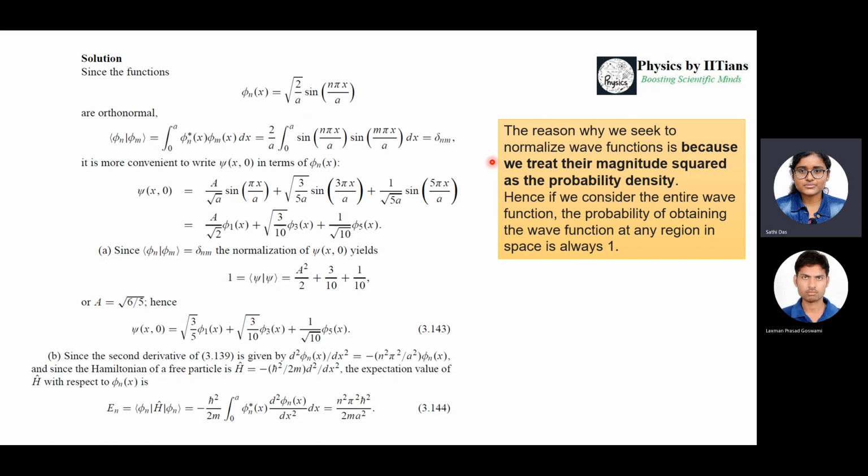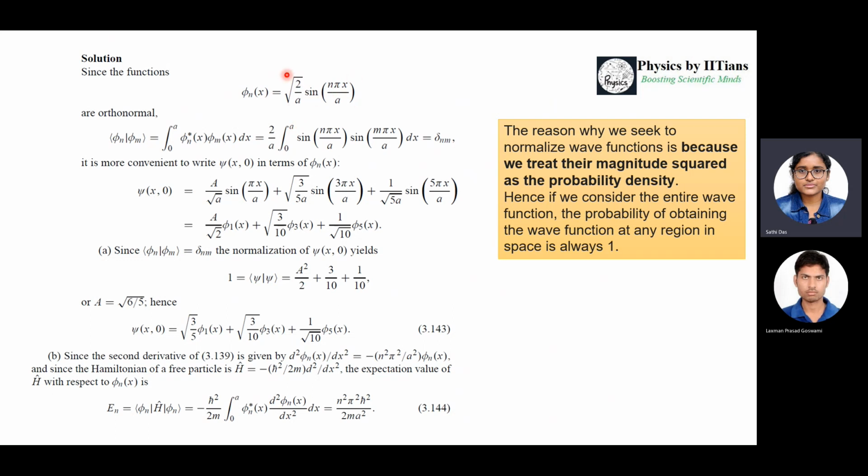Whenever you study physics, always try to understand the physics behind any problem. So you have to put the orthonormalization condition: you take two wave functions phi_n and phi_m, and the integral from 0 to a of phi_n star phi_m dx. It becomes root(2 by a) sine(n pi x by a) times root(2 by a) sine(m pi x by a).